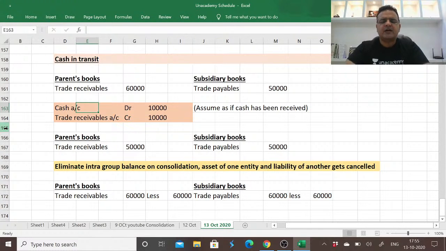The balances are at par. Now we need to eliminate receivables and payables from both sides: 50,000 minus 50,000.